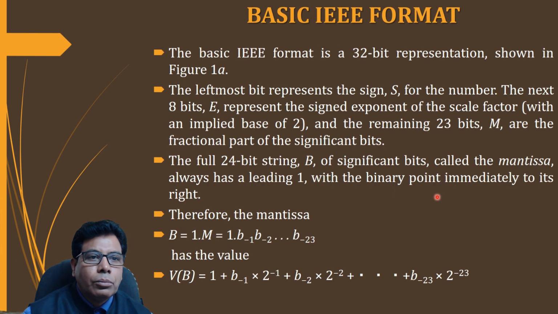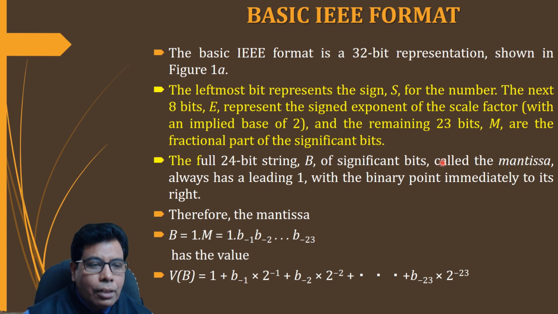Then let us move on to the basic IEEE format or 32-bit representation. So the basic 32-bit format is shown in the figure. We'll see the figure. The leftmost bit represents the sign bit for the number, and the next 8 bits represent the e, that is the exponent scale factor, and the remaining 23 bits, that is m, they are the fractional part of the significant bits.